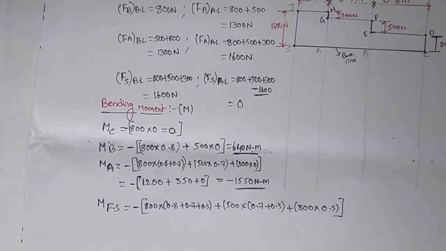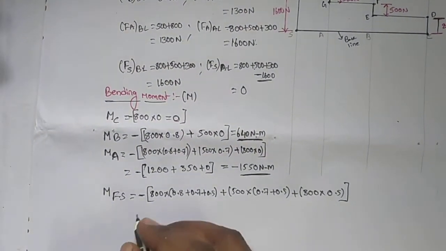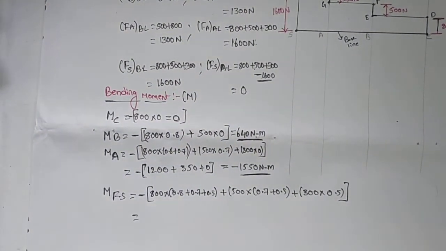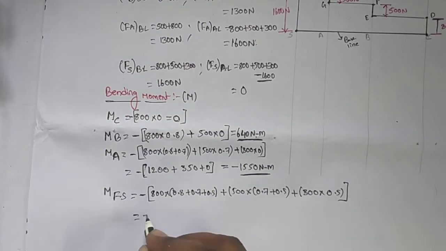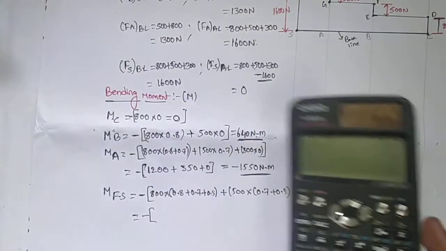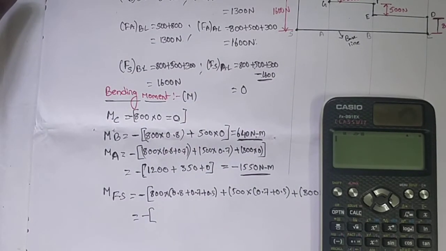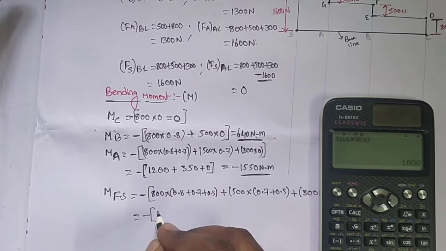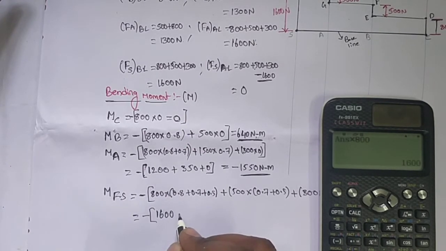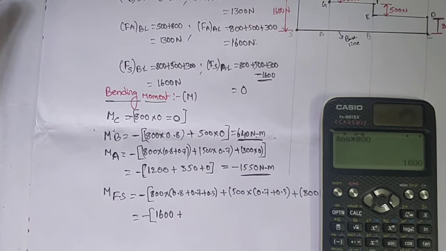Okay, we need to simplify the above equation. We'll get the value of bending moment at fixed support is minus of, we'll calculate the value: 0.5 plus 0.7 plus 0.8 into 800, that is 1600 due to the first load 800.